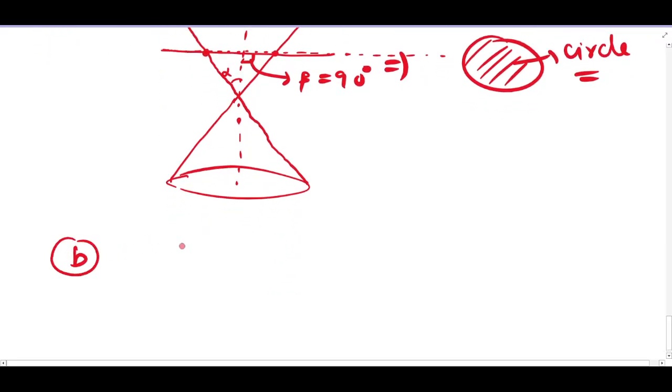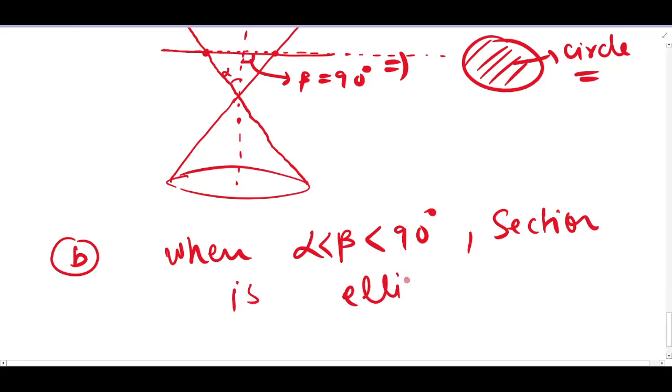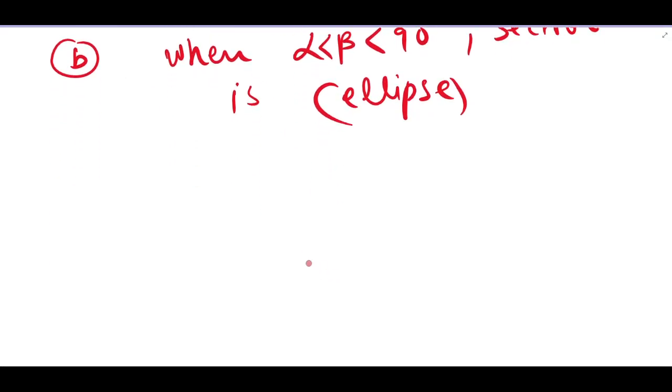Second is when beta is greater than alpha and less than 90 degrees. So the section is an ellipse.